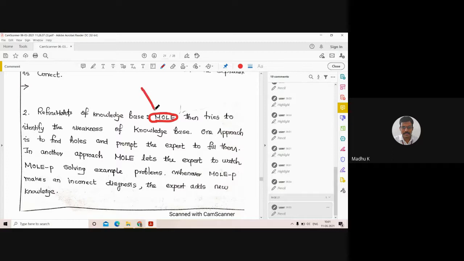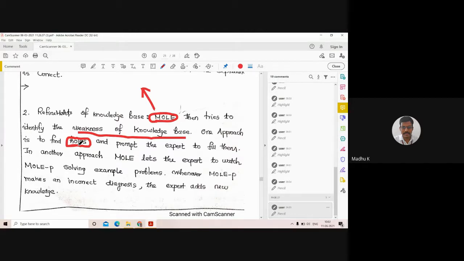In the previous steps, the knowledge base is created. Then what MOLE will do is try to find the weaknesses of the knowledge base created. By using some mechanism, it will find the weaknesses. One approach is to find holes. This is a technical term; holes means bugs or weaknesses.